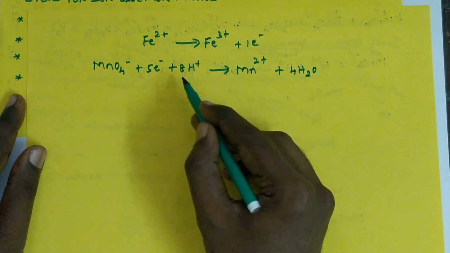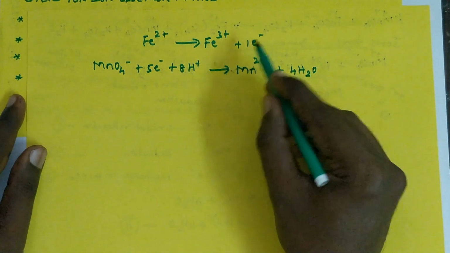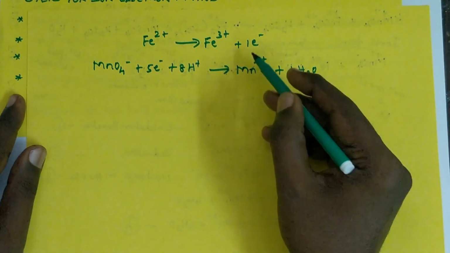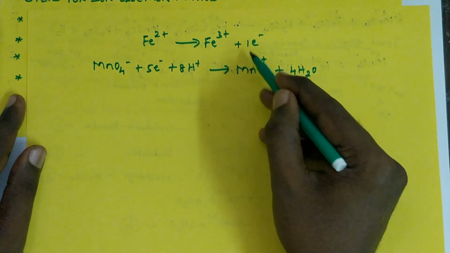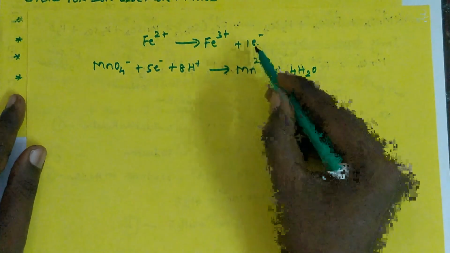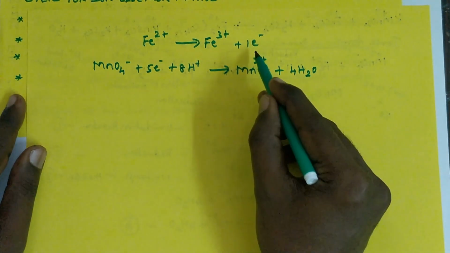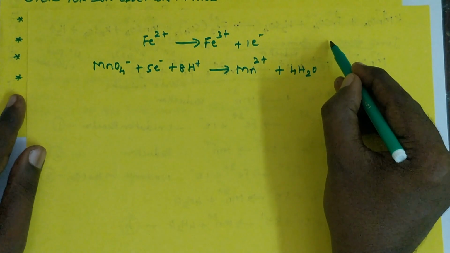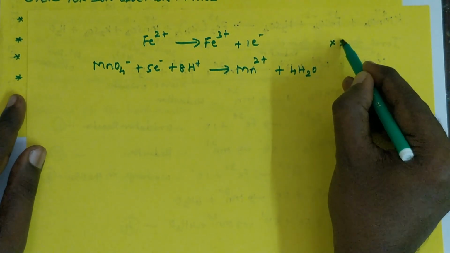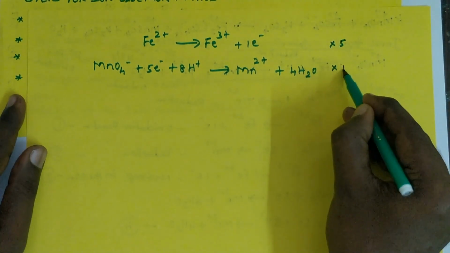Next step is we have to balance the number of electrons in both equations, so you have to balance the charge. Here 1 electron, here 5 electrons. So you have to make this 5. So this equation is multiplied by 5, and this equation is multiplied by 1.